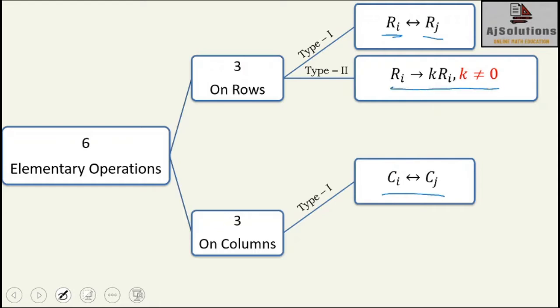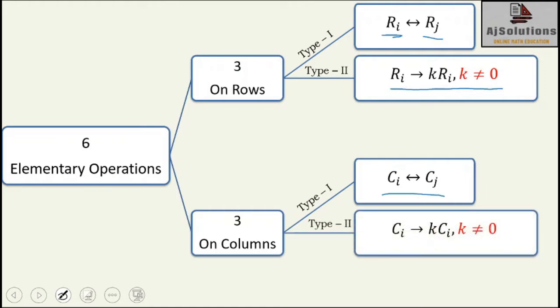After applying this transformation, the new matrix obtained has ith row as k times of ith row of old matrix, and all other rows remain as they are. Similar transformation can be applied on columns.